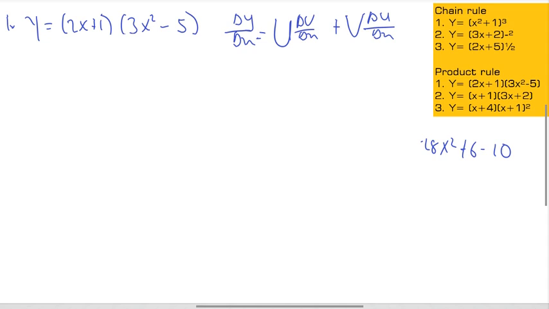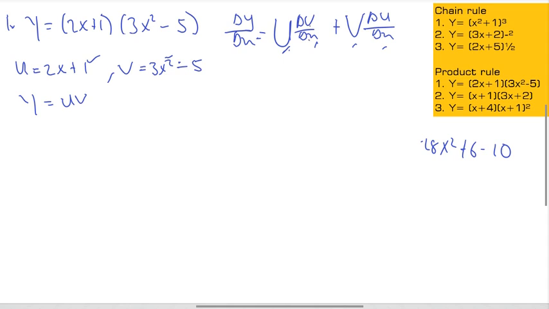Now here we're going to say let u equal 2x plus 1 and let v equal 3x squared minus 5. That means y is equal to u times v. According to this formula, we need u, we need dv/dx, we need v, and we need du/dx. Do we have u? Yes, we do. Do we have v? Yes, we do. Now let's find dv/dx.